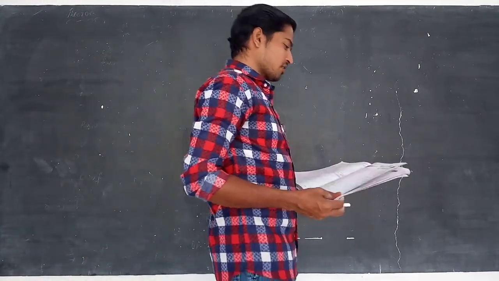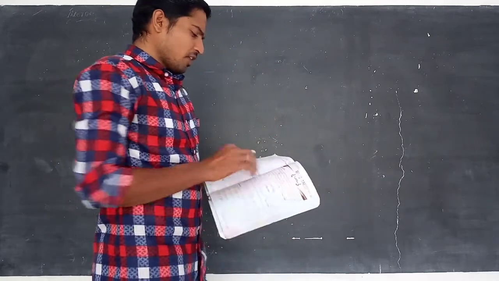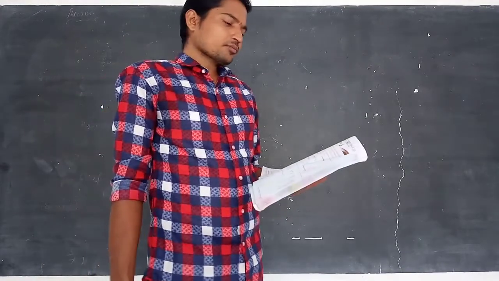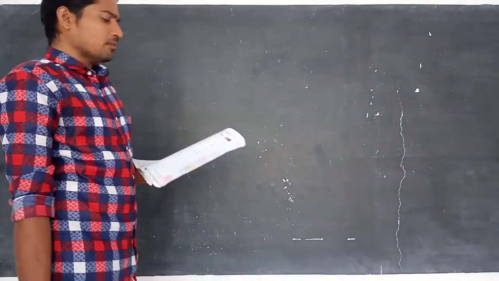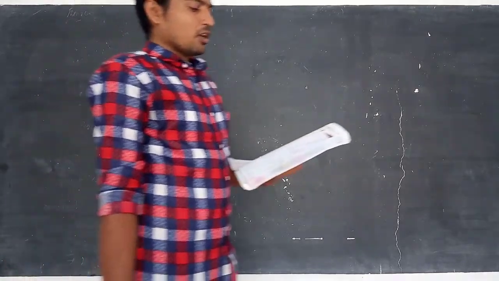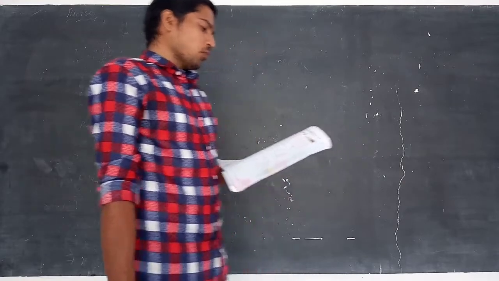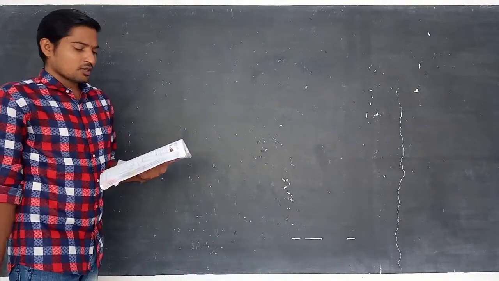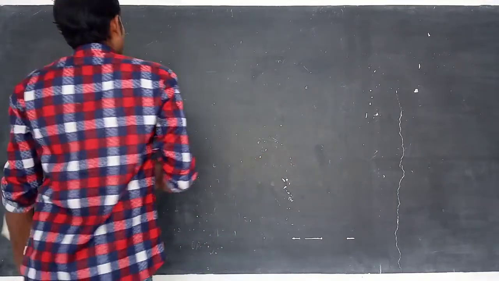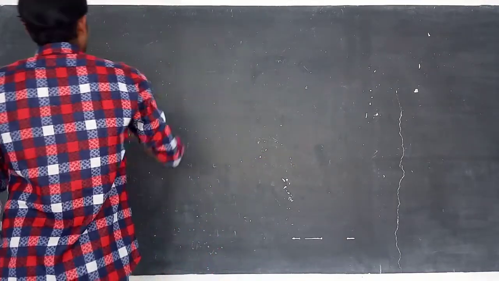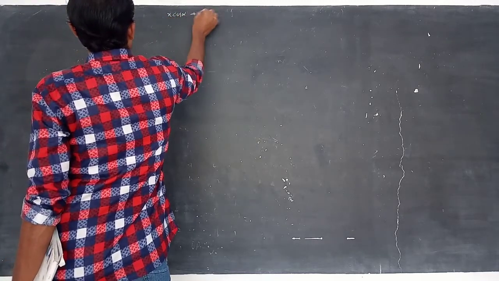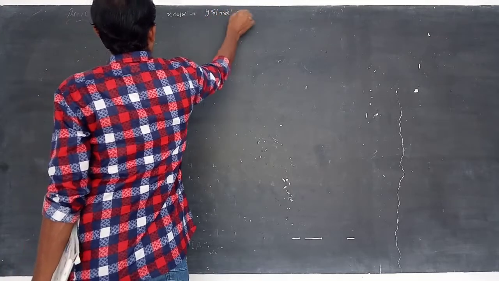So now come to handsheet number 4. The very first problem is that the distance of a straight line from the origin is 6 and the angle made by the normal from the origin to the line with the positive direction of x-axis is 150 degrees. The equation of a straight line is x cos alpha plus y sin alpha equal to p.